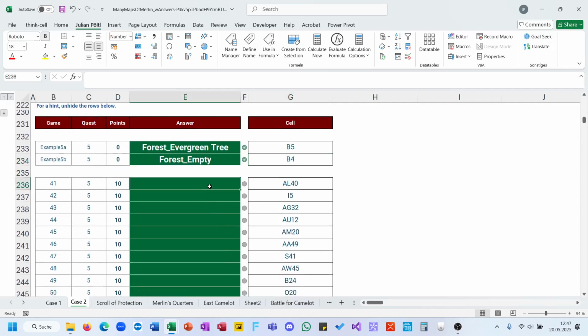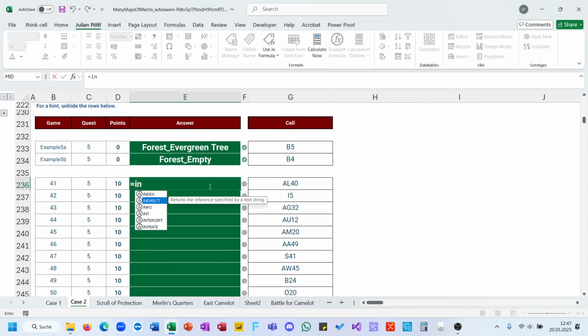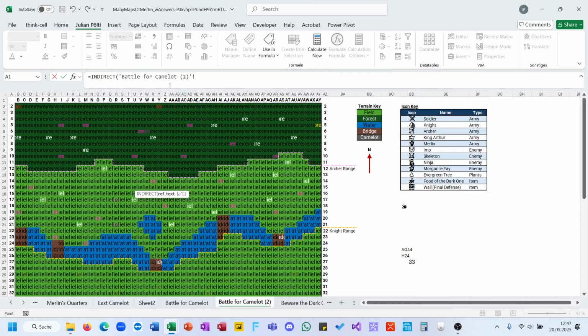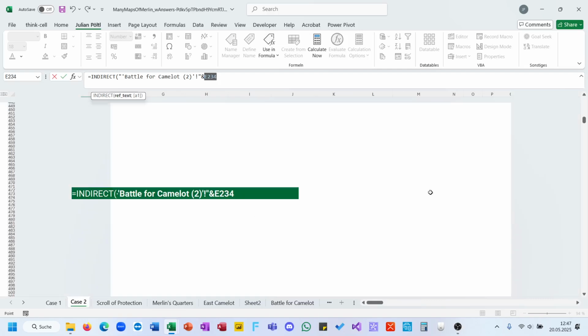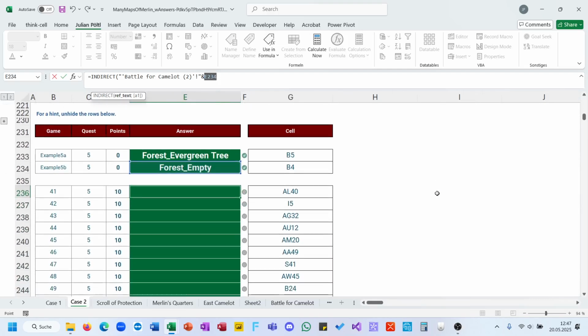So equals indirect of this map here, and this cell here.